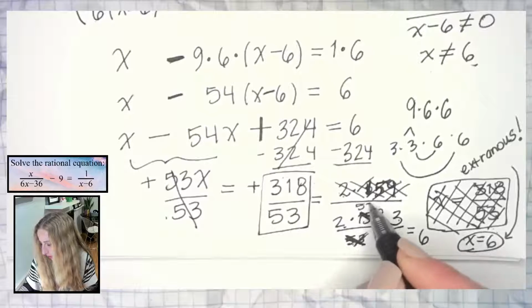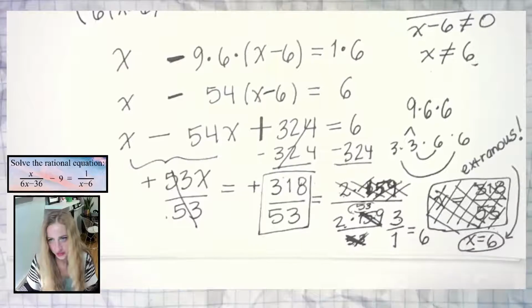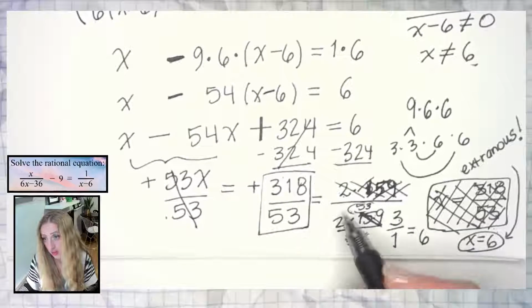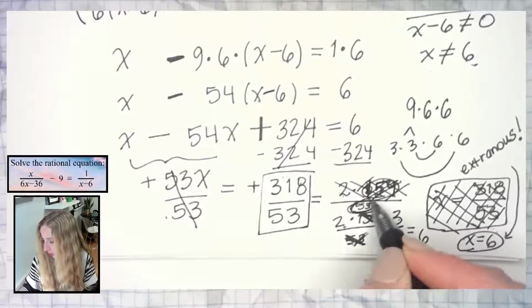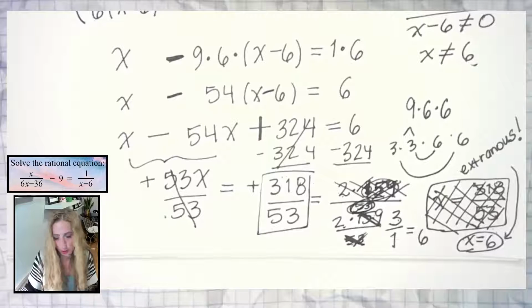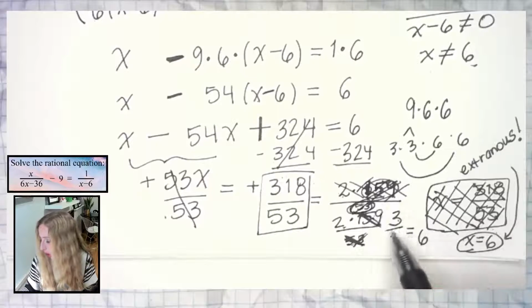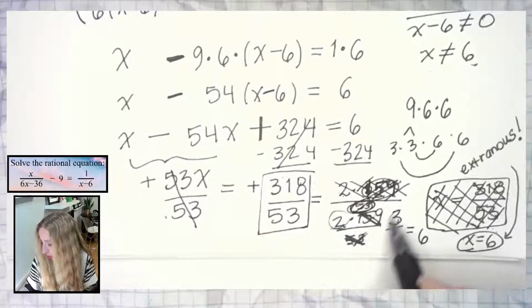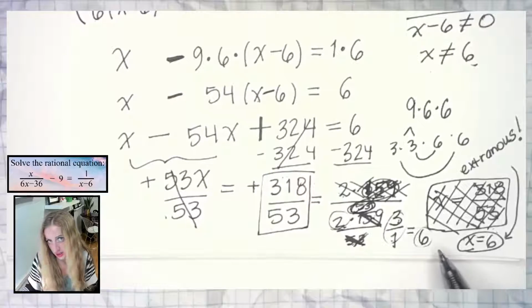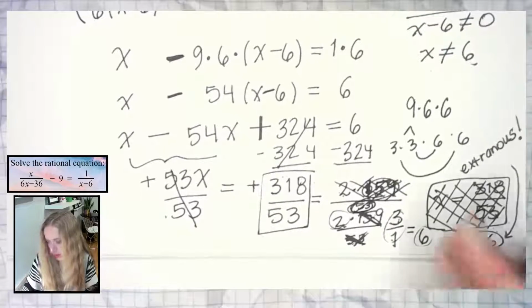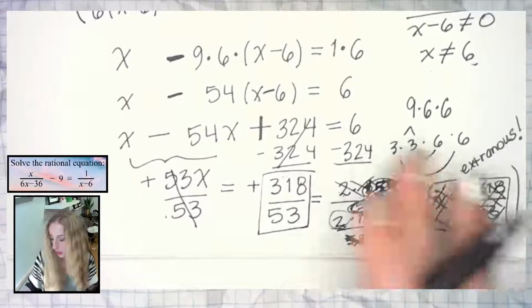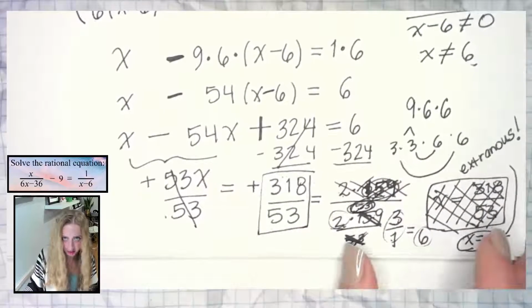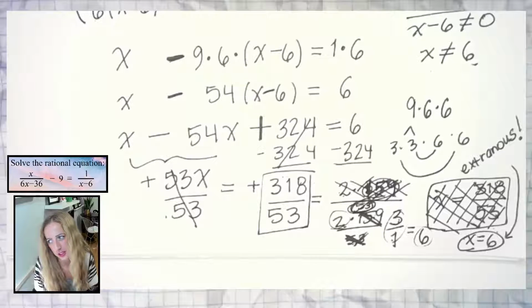But 50, 50, 50 is 150. 53, 53, 53 is 159. So 159 over 53 reduces to 3 over 1, right? So there's the 3 over 1, and there's the 2 that was lingering, which is a 6, right? So we get x equals 6 when we solve, but it is extraneous since it was an excluded or restricted value.